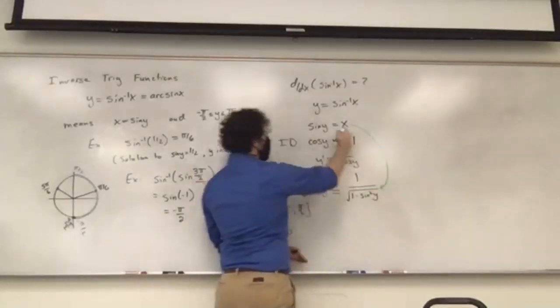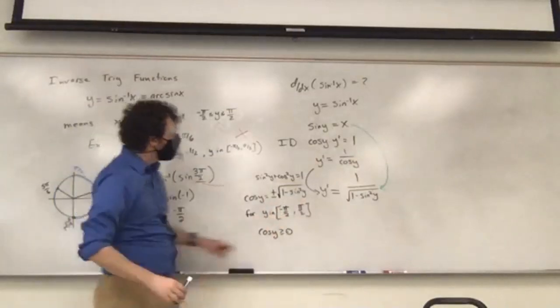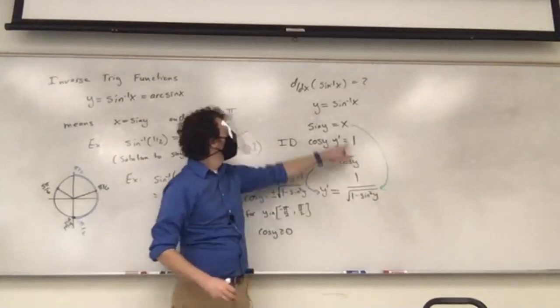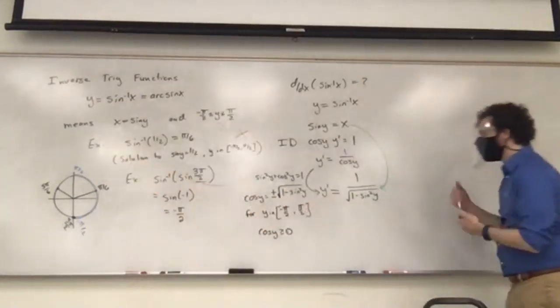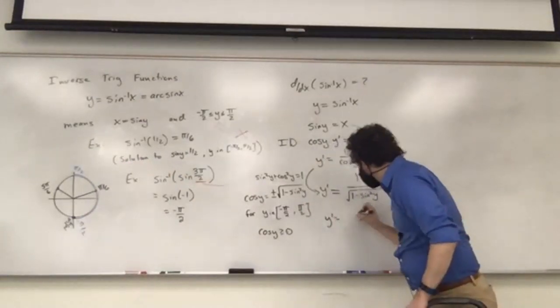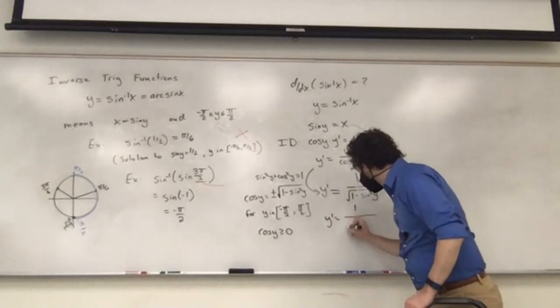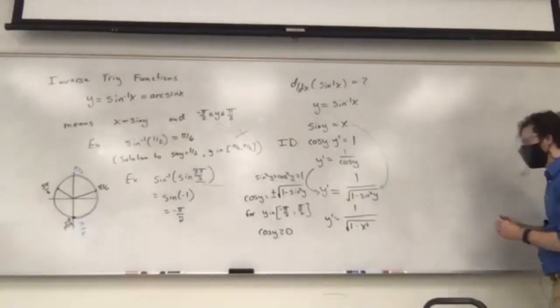Sine of y, that was equal to the variable x. So instead of sine squared y, we can put x in. And now we get the form of the derivative that we want. We get that y prime equals 1 over the square root of 1 minus x squared.